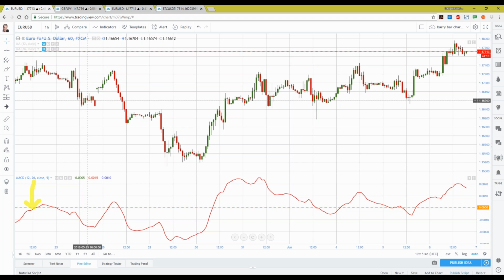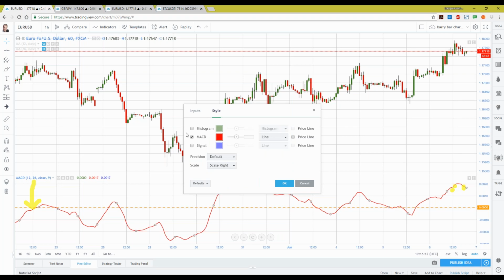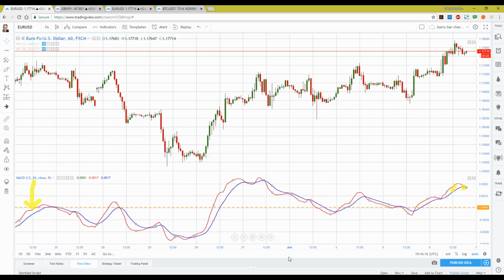This trigger or signal line, and we're going to call it the trigger line tonight, is a 9-period moving average of this MACD line. So it takes the last 9 periods of this number and averages them together and puts that on our chart. So we have our signal line and our MACD line.